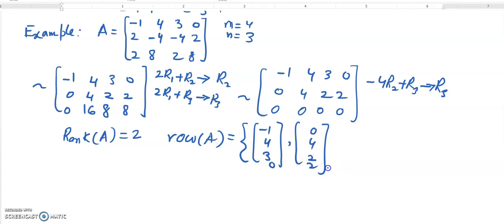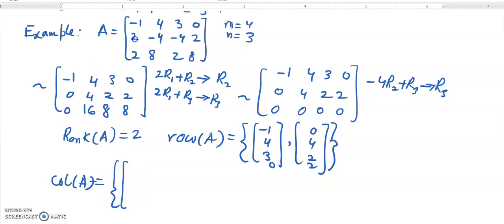Instead of 0, 4, 2, 2, it can be 0, 2, 1, 1. So these are the 2 rows, and this is the row space.